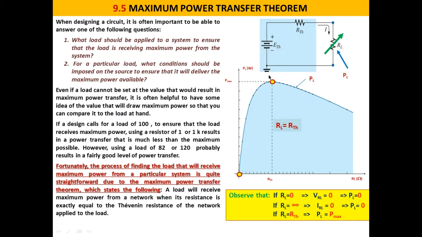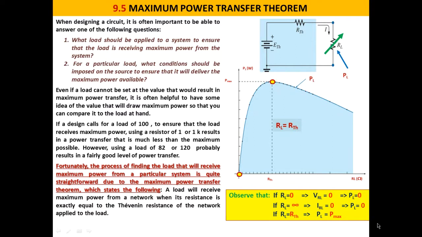When will this point occur? This point will occur when RL is adjusted to be equal to R Thevenin. At the point where RL is equal to R Thevenin, we observe that the power is at its maximum value. Before that, the power increases until that maximum value.